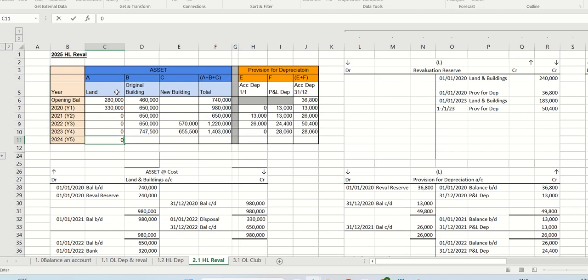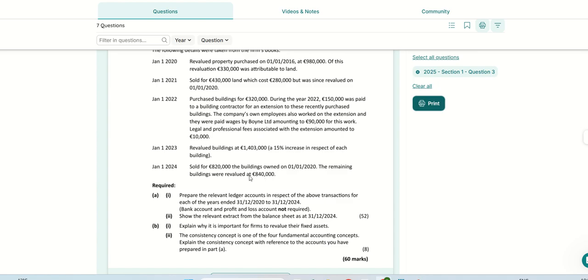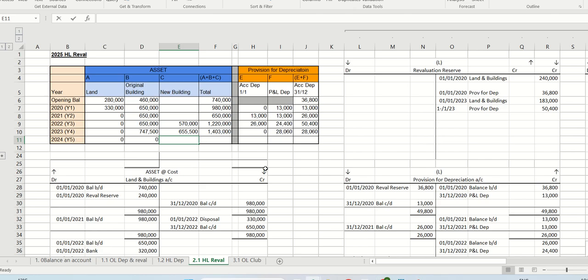So I'll fill out our table anyway. Land goes to zero. The original building is going to be sold in a minute, and we're going to deal with that. And the final remaining building was revalued up to 840,000. Okay, so it went from 655,500 up to 840,000.